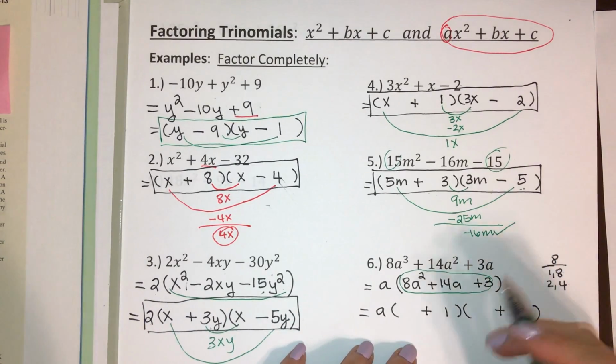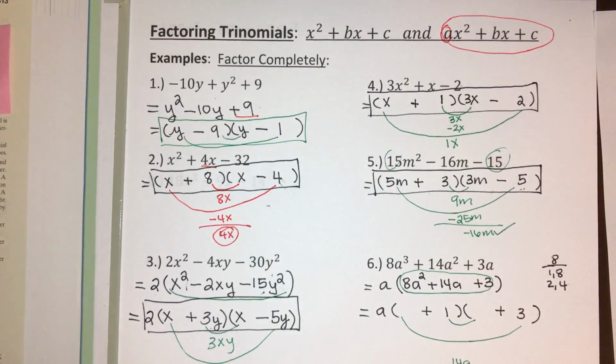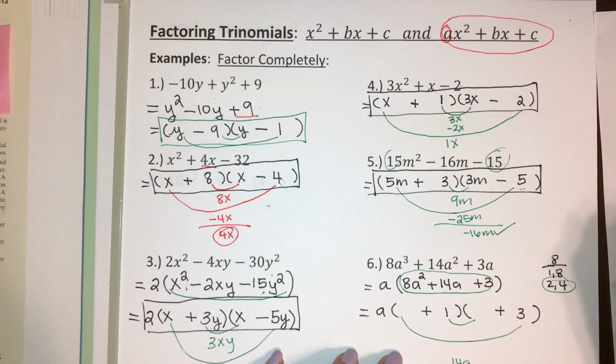So we need to figure out which of these pairs will work so that we get 14. So remember, to get 14, inner product and outer product, we need to get 14a. And so if you think about it, the only way that that's going to work is if we use 2 and 4.